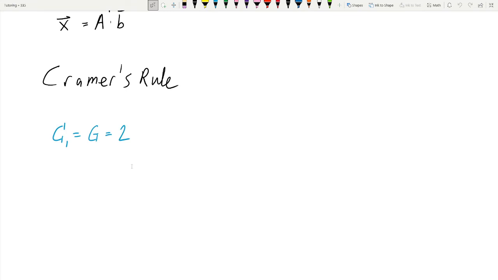And let's say that C2 is equal to 1. And let's say F is equal to 3. C3 is equal to -1. I'm just picking completely random numbers here. I honestly don't know if this will work or not, but I'm pretty sure it should. And let's just say H is equal to 0.